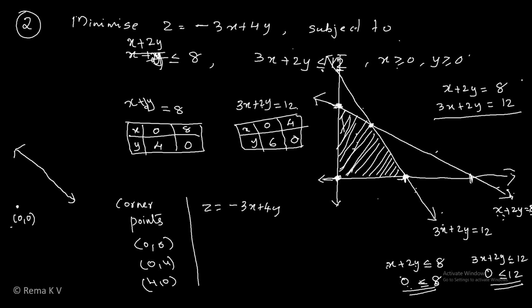Multiplying this equation with 3, coefficients will be the same, then subtract it and get the value. Solve this for x and y.